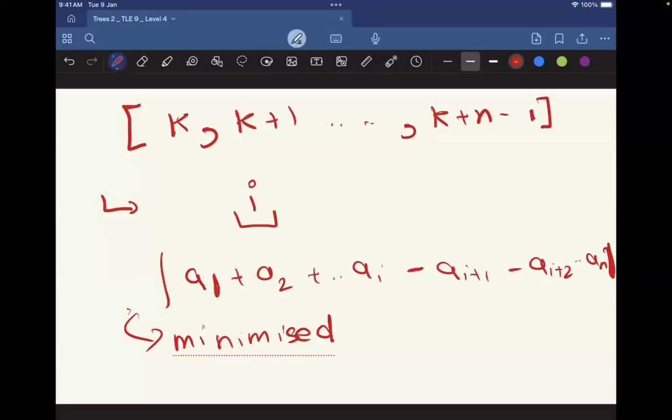Yes. So, guys, this is actually very simple. How do you go about solving this question? Okay.